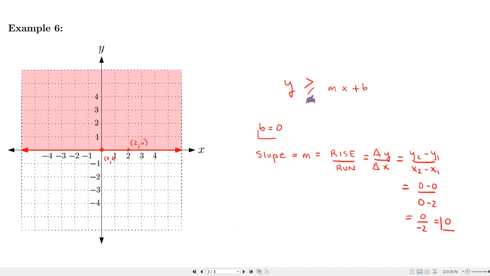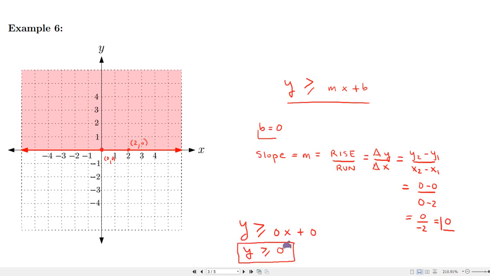So what do we have? Our linear inequality is y is greater than or equal to 0 x plus 0. This just simplifies to y is greater than or equal to 0.